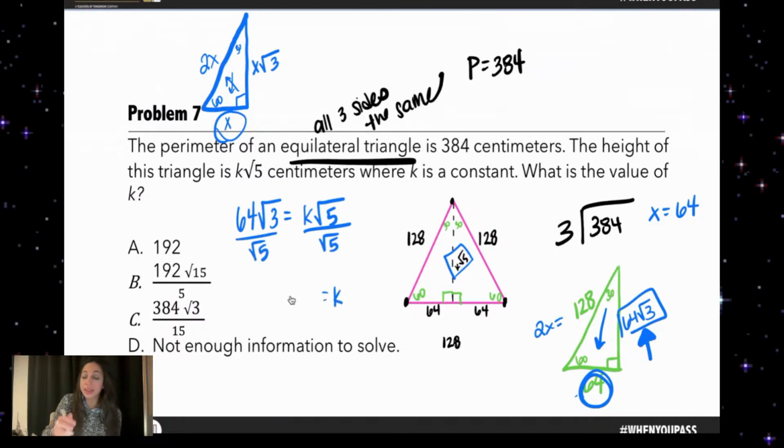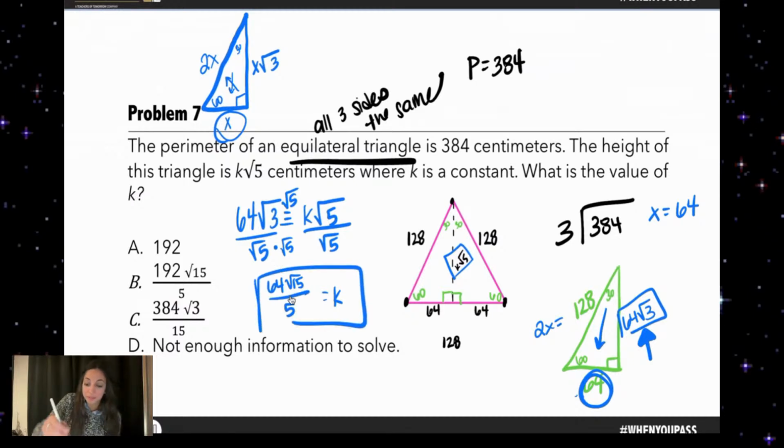Now I can't leave a square root on the bottom, so I have to multiply the bottom by the square root of 5 and the top by the square root of 5, because the square root of 5 divided by the square root of 5 is a value of 1. Anything times 1 is itself. So I have k equals 64 square roots of 15 divided by 5.